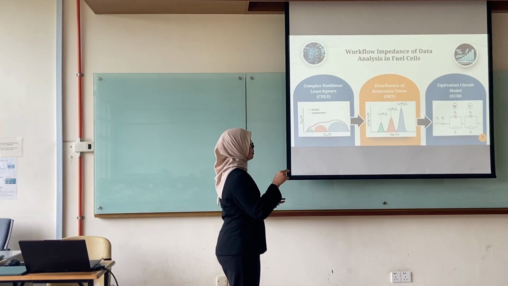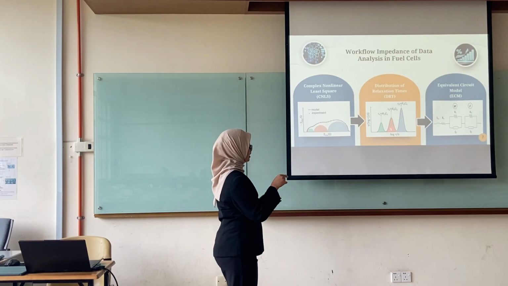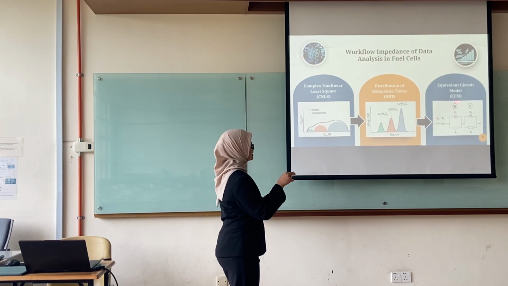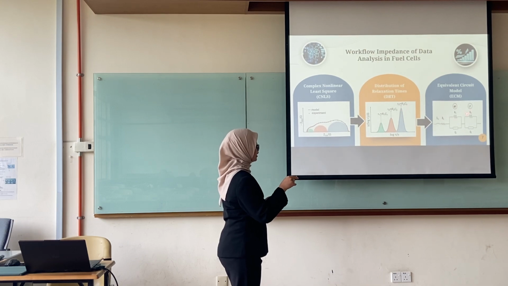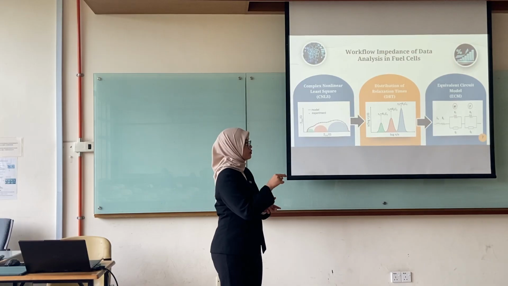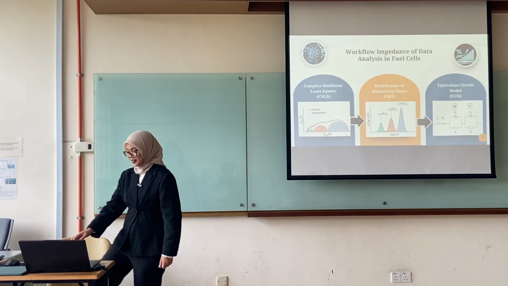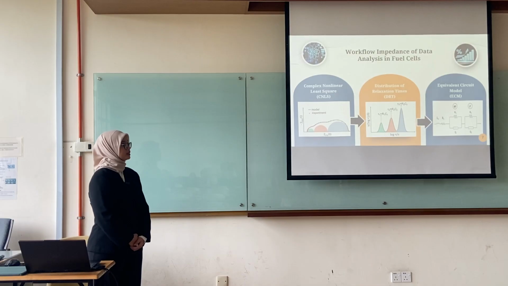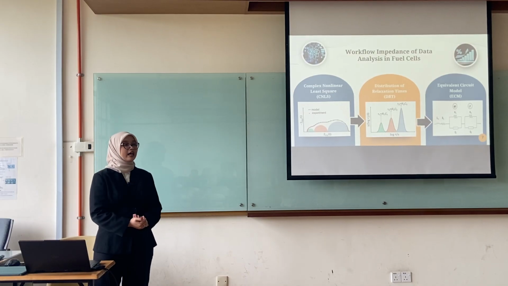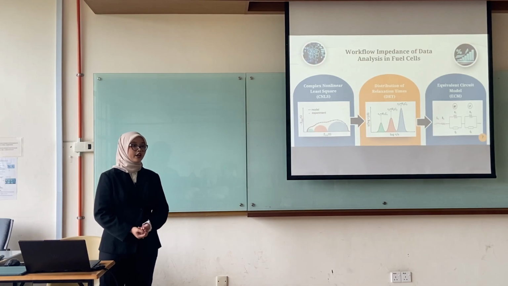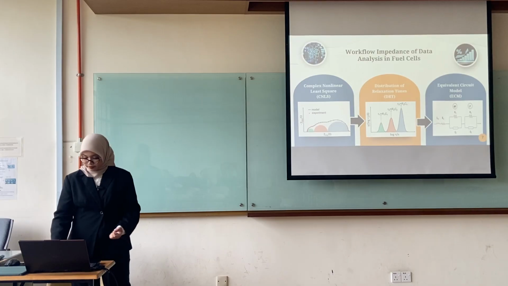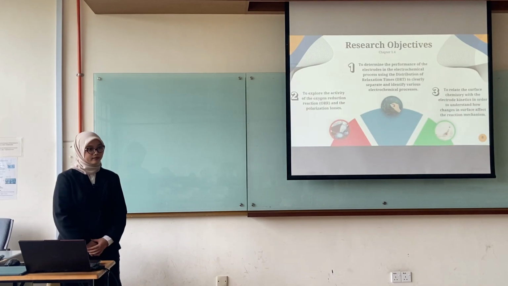While the middle frequency, for example at this peak, will be recognized as the first CPE, which has R1 and Q1, and third is at the low frequency, which will have another CPE. So this picture is just an example that I took from Google, not my actual result graph. Okay, next slide.